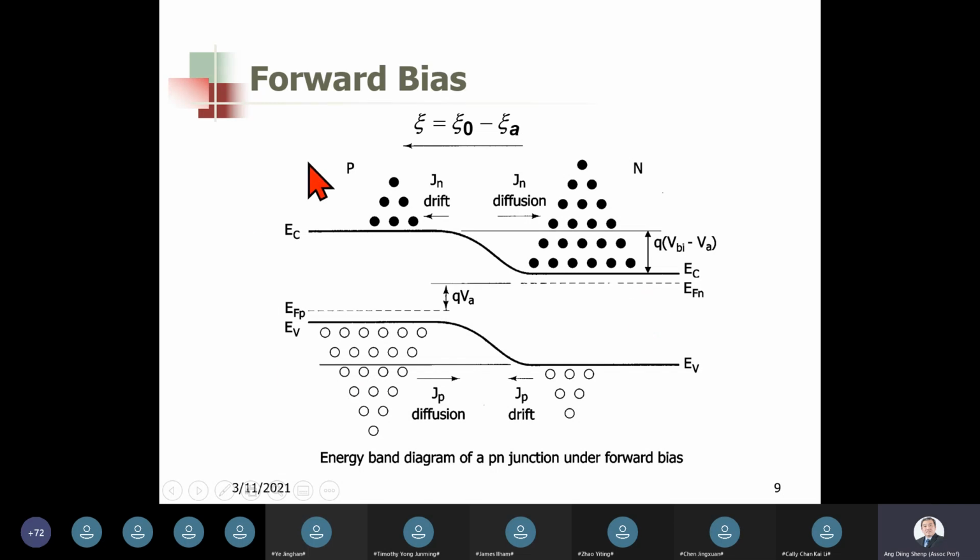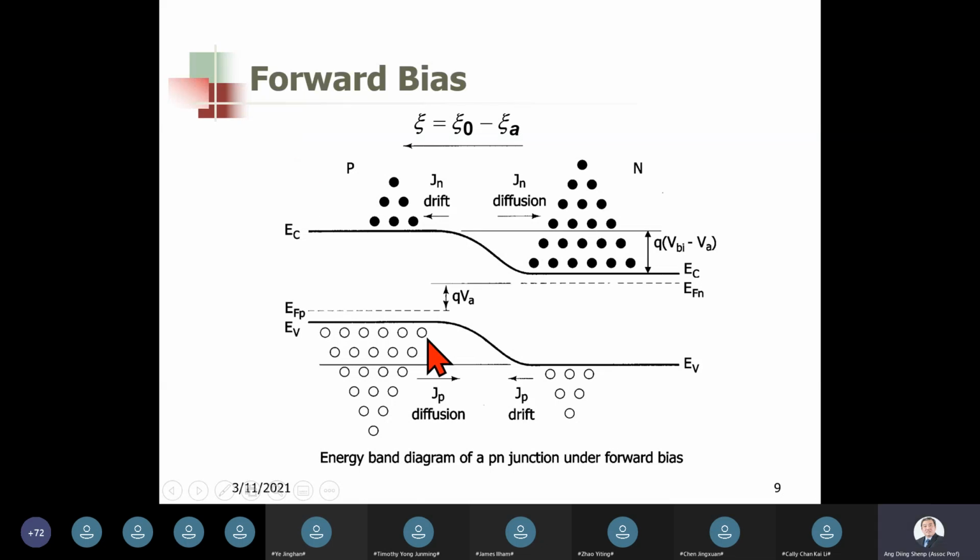If you recall what I told you about the energy band diagram last week, we can treat it as an inverted potential diagram. In other words, the vertical axis, the potential energy axis, can be converted into a potential axis. Moving downwards indicates that we are moving towards more positive potential, and moving upwards, towards more negative potential.